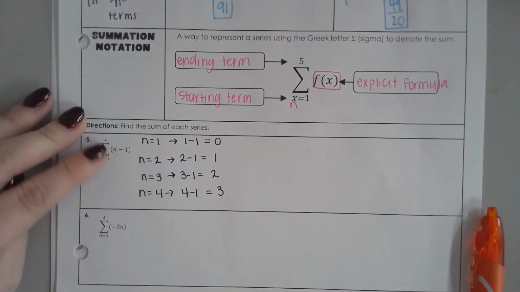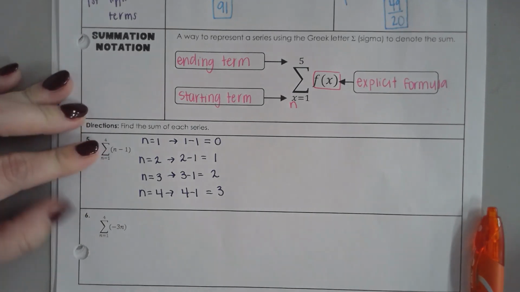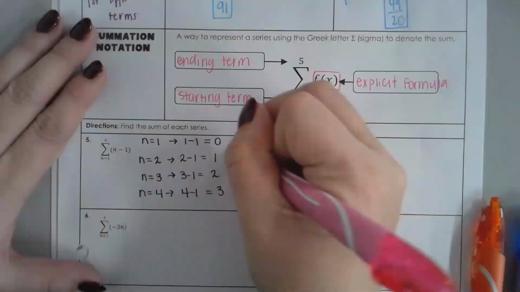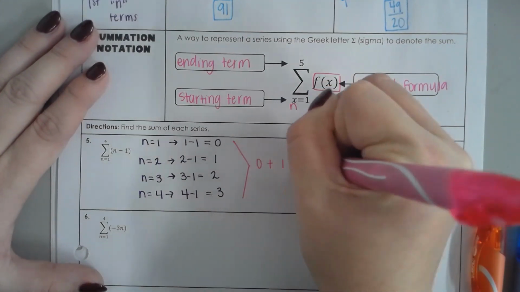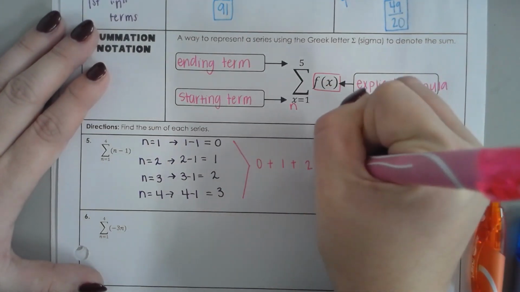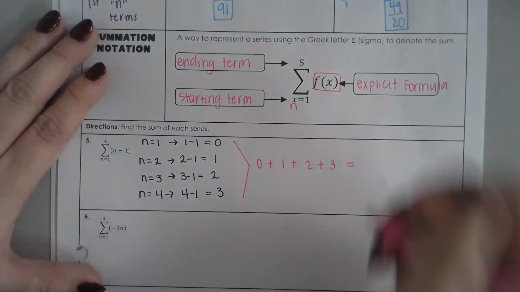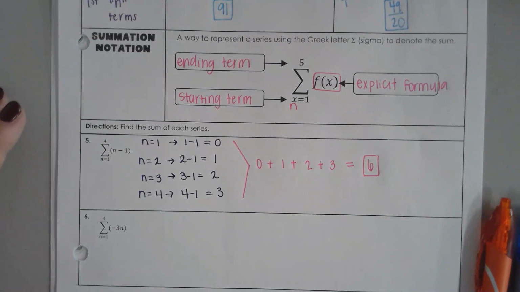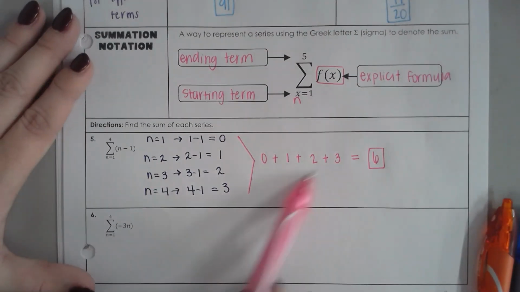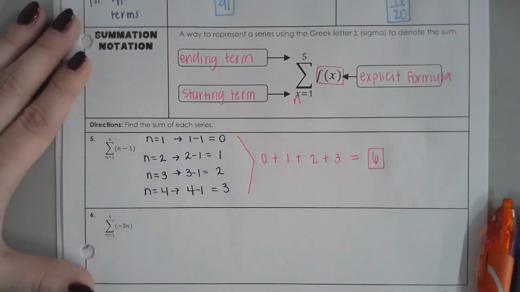But I'm specifically finding the sum of these first 4. So I'm going to add 0 plus 1 plus 2 plus 3, and you get 6. So that's what your calculator is doing. Your calculator is doing this math, and it's going to give you 6.